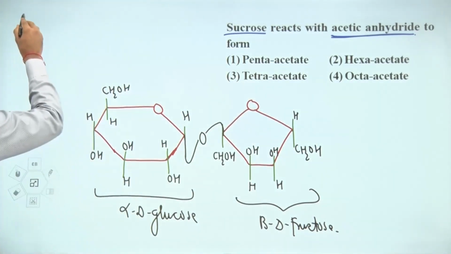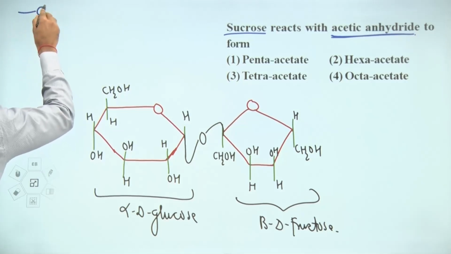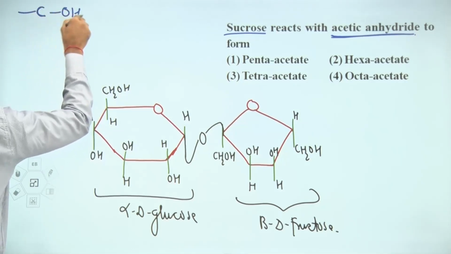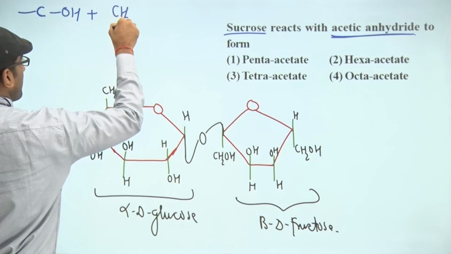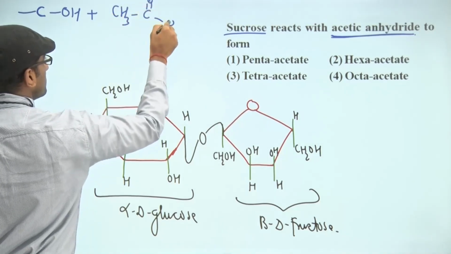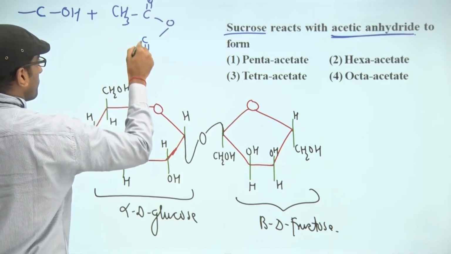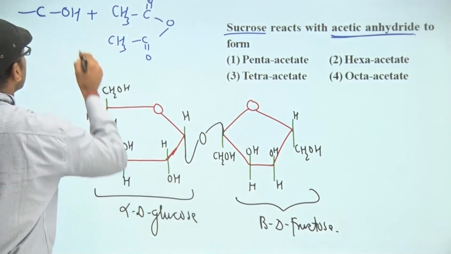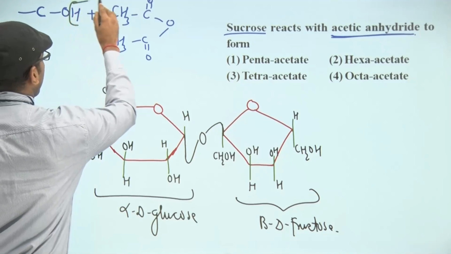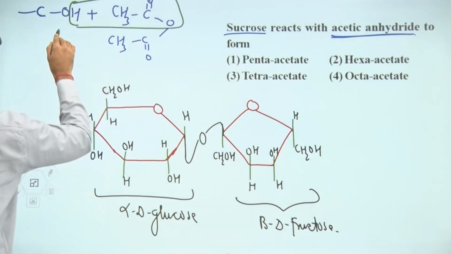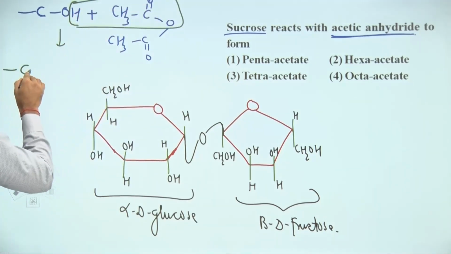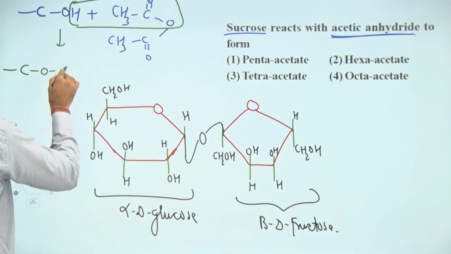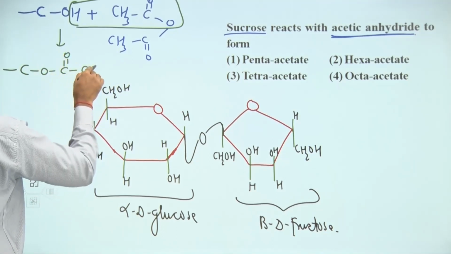Suppose carbon is bonded by the OH group, and here acetic anhydride CH3 C double bond O CO CH3. Now you can see that acetic acid molecule will be removed and we will get here the carbon, oxygen, next C double bond O CH3.